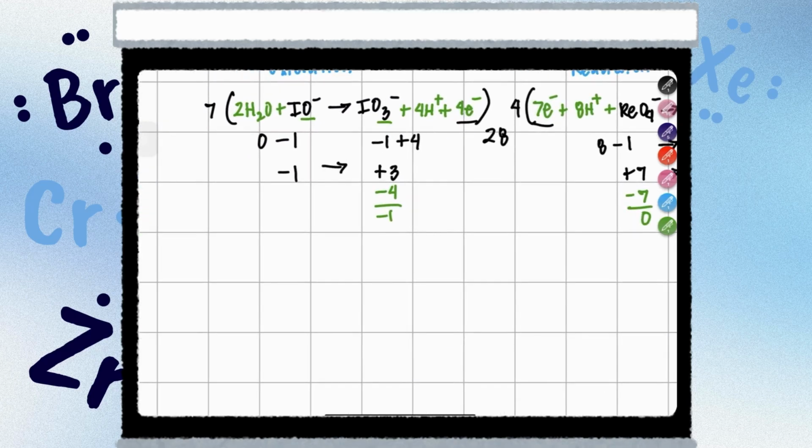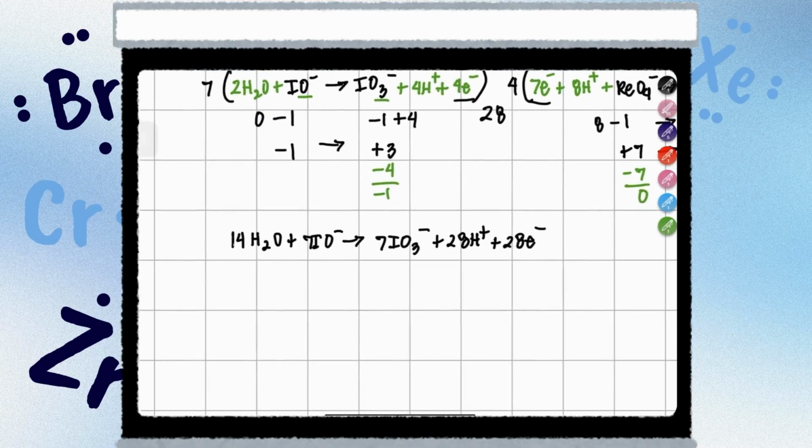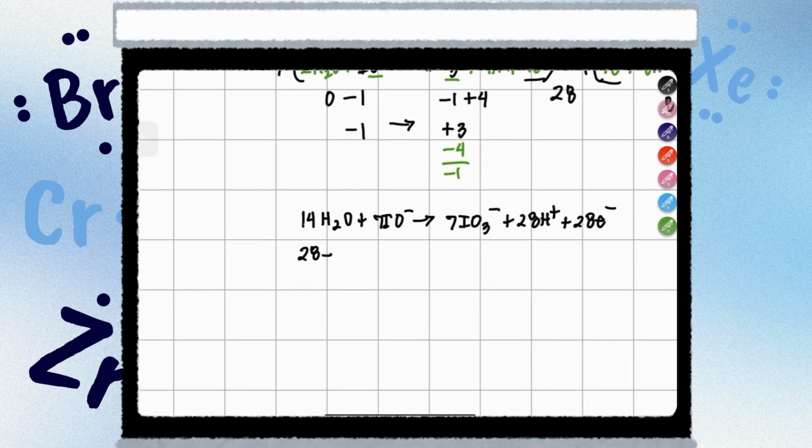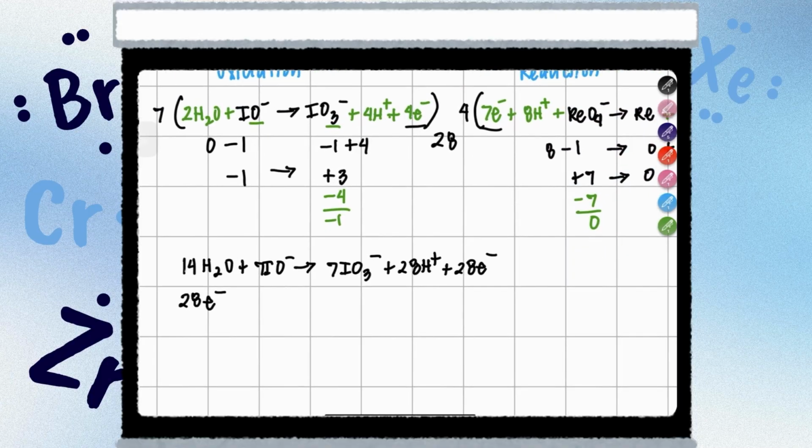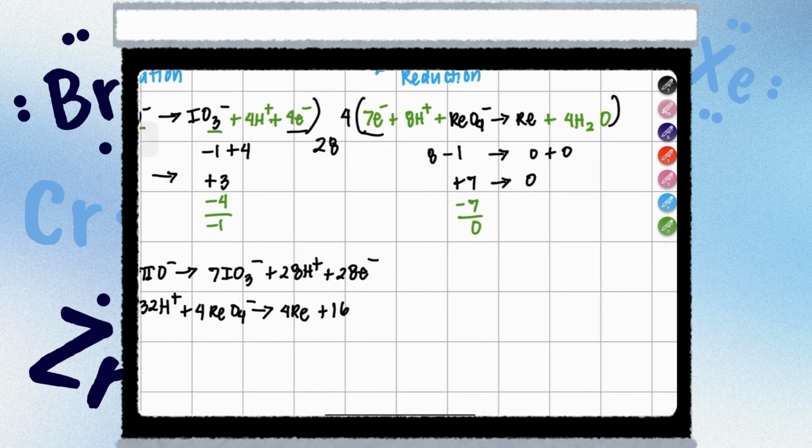So, let's simplify. 14H2O plus 7IO minus and 7IO3 minus 28H plus 28 electrons. Then for reduction, we have 28 electrons, 32 hydrogen plus 4 ReO4 minus 4 Re and 16 H2O.